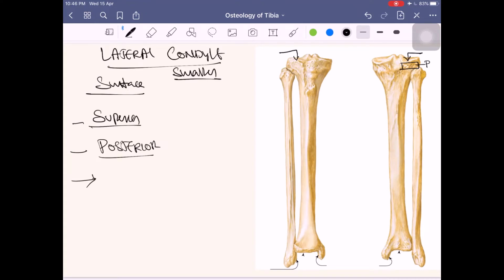Then there is an anterior surface in the front, because this is an anterior view. Here you can see this area is your anterior surface. And this side, which we are not able to see in the app, we have seen already, that's your lateral surface. So there are 4 surfaces.